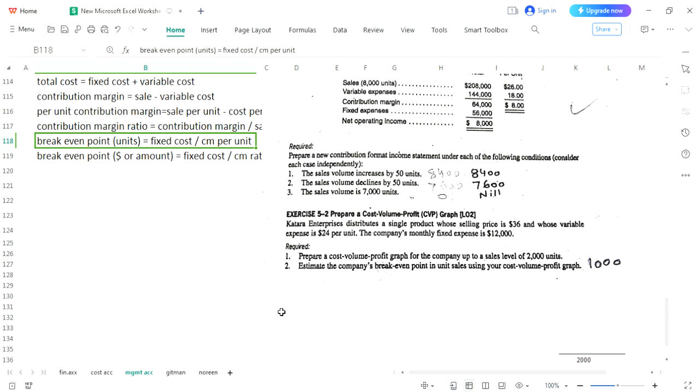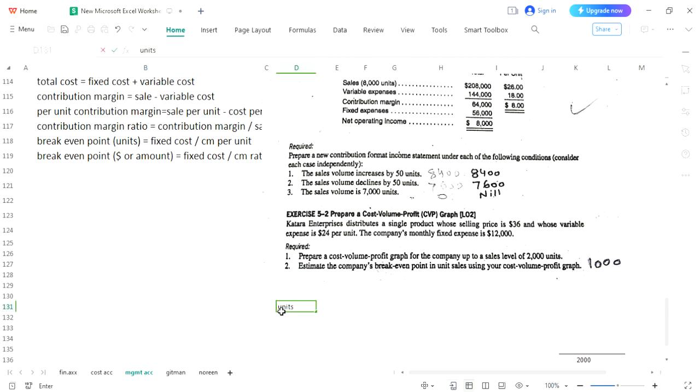For that purpose, the first thing you will write over here is units. With these units, you will calculate your sale price. And then you will calculate your total cost. And total cost comes by adding two things: fixed cost and variable cost.